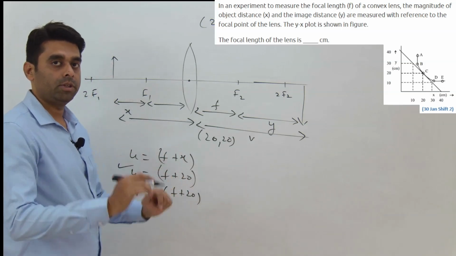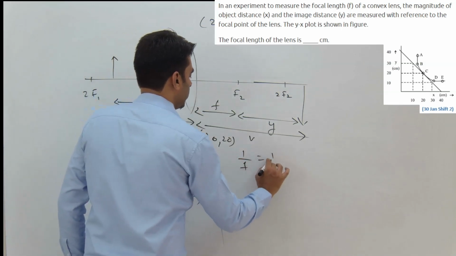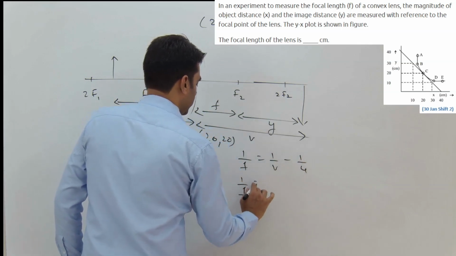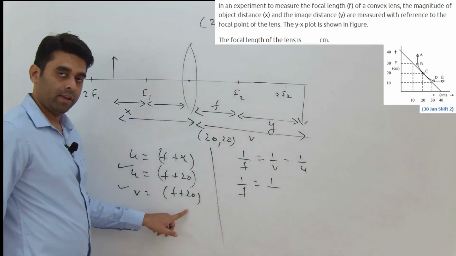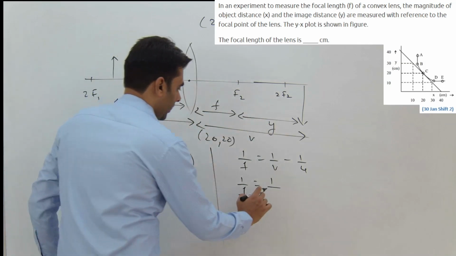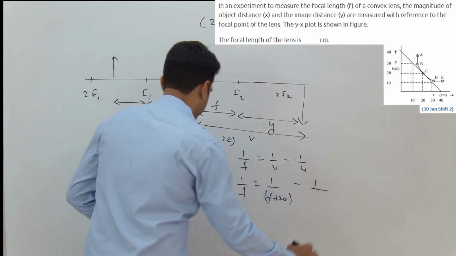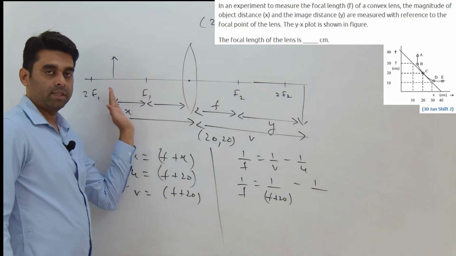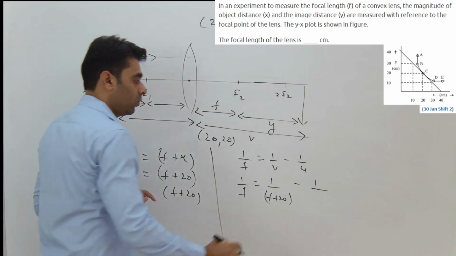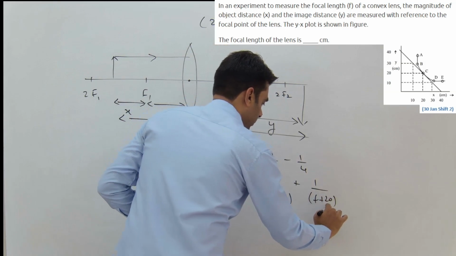Now let us substitute this in the lens formula. 1 by f is equal to 1 by v minus 1 by u. 1 by f is equal to 1 by v; v is f plus 20, and with sign convention it will come out to be f plus 20 only. Minus of u: the object distance is opposite to the incident ray, therefore it will be negative, so minus of minus f plus 20.